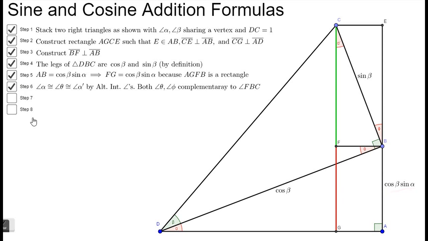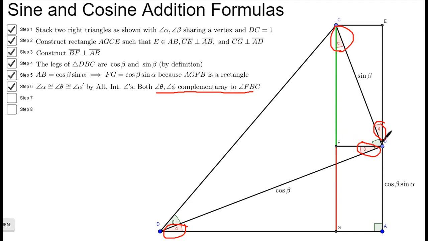So now we need to show that all of these angles are similar, or excuse me, are congruent, right? So alpha and theta, alternate interior angles. Then we also have alternate interior angles between phi and alpha prime, and both phi and alpha prime are complementary to angle FBC, right?